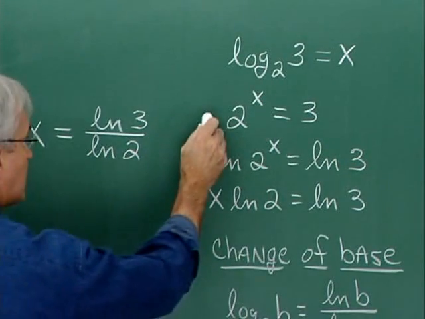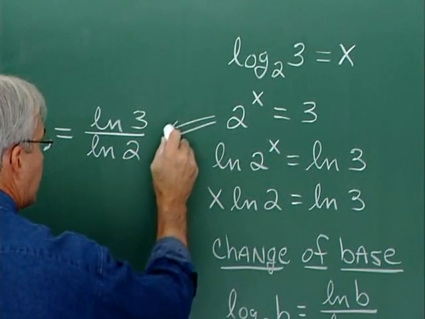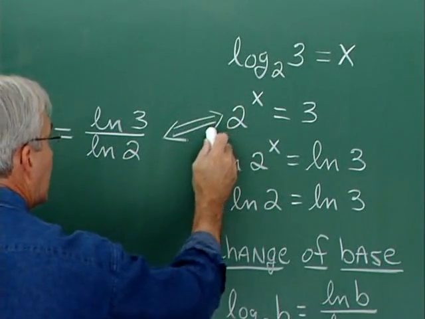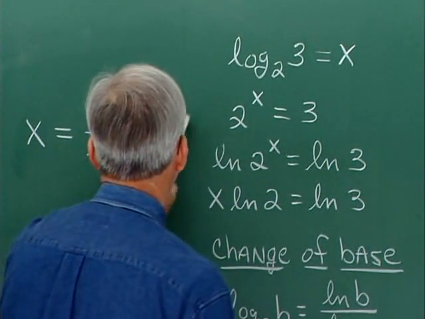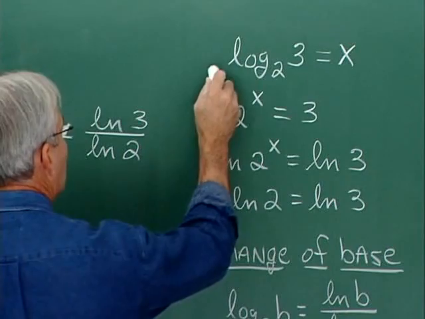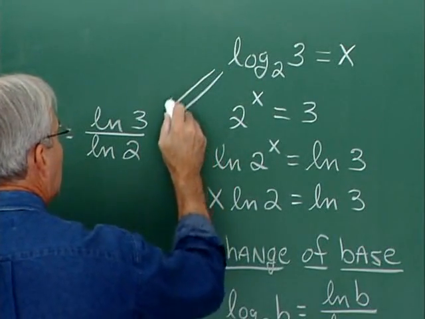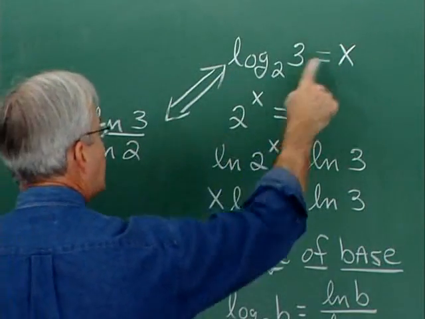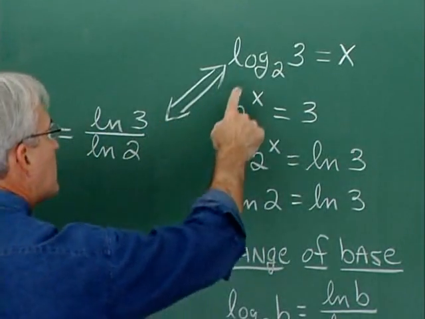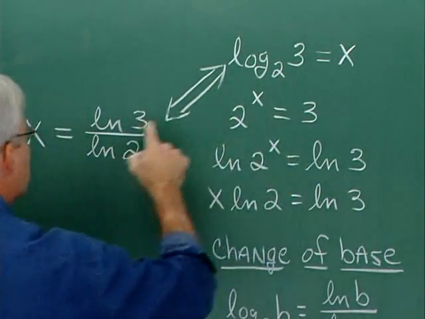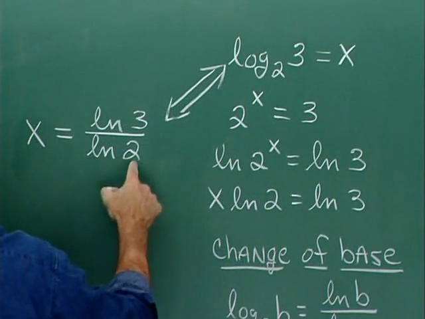Now, I want you to notice something here between these two forms. See, x equals this, and x is equal to this. And notice that log 3 in base 2 is the same as ln 3 over ln 2.